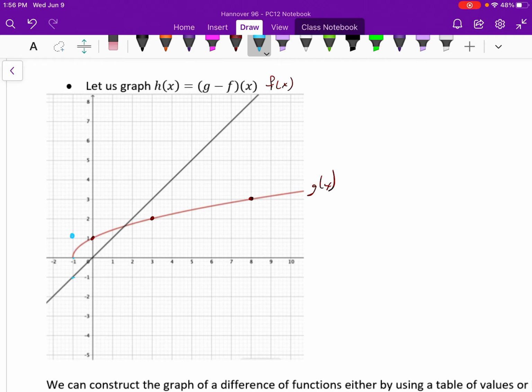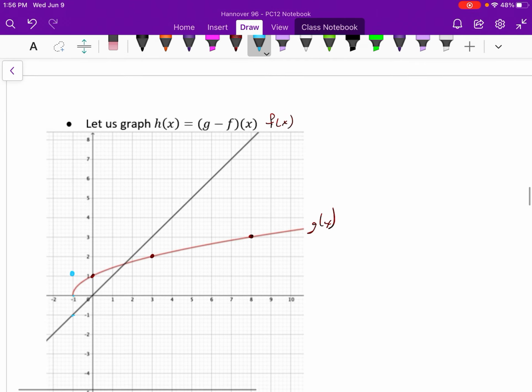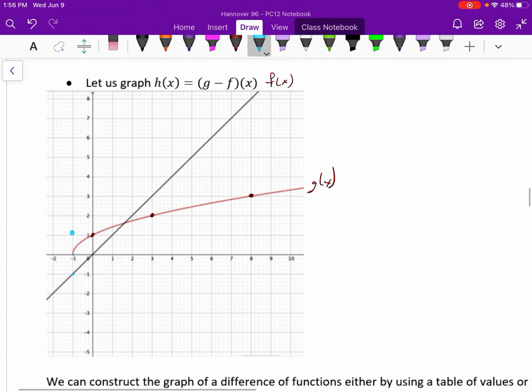Now this is almost hurting my brain. So maybe I should refer back to this table, but I'll do my best. So the g of 0, 1, minus 0 is going to give me 1. Pretty sure this is an unexciting function.